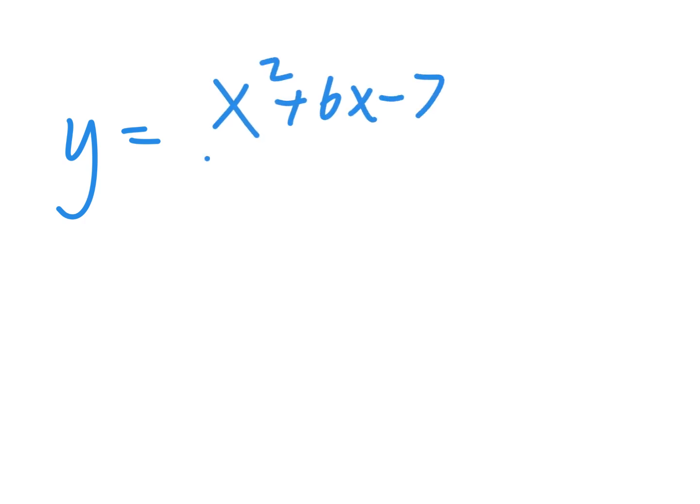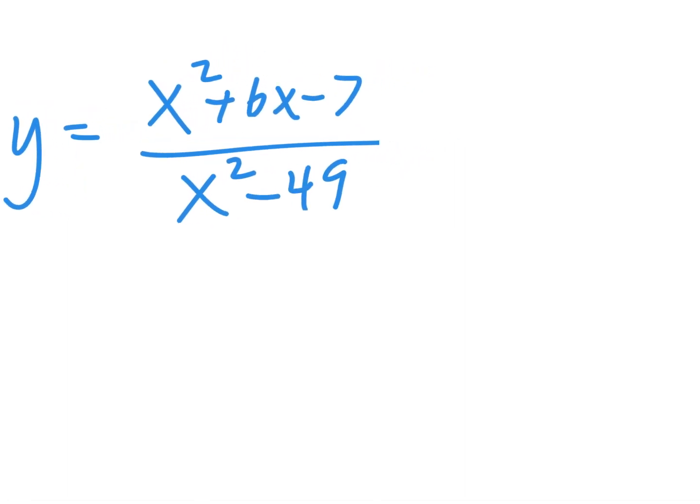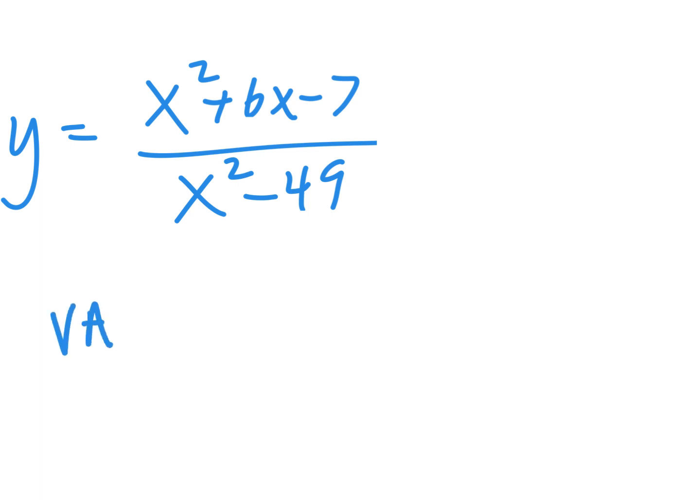So here's the hardest kind. It has a hole in it. You ready? Find the vertical, and sometimes there's more than one vertical asymptote.